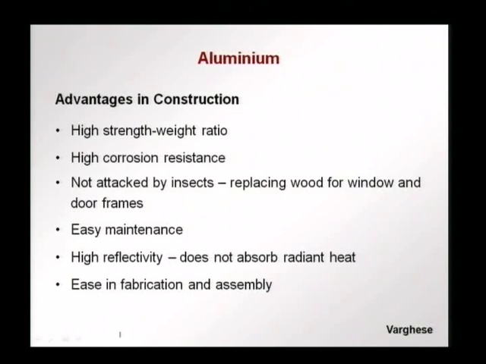It has a very good corrosion resistance as opposed to steel and other materials, and as a replacement for wood, it has the obvious advantage that it cannot be attacked by insects. Termites will not attack, there will not be any fungus growth that we can see in wood. So, aluminum is replacing wood significantly for window and door frames.